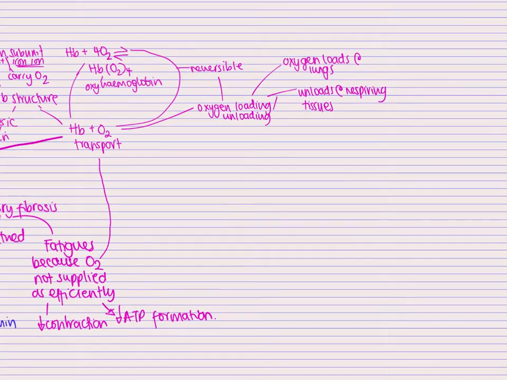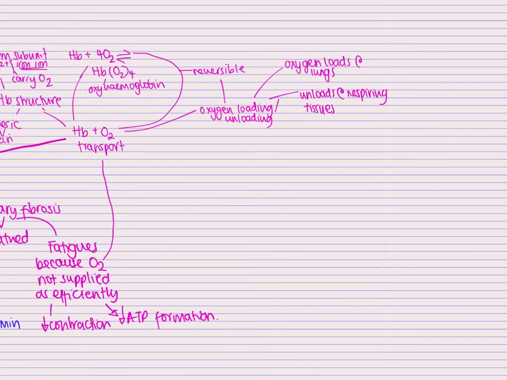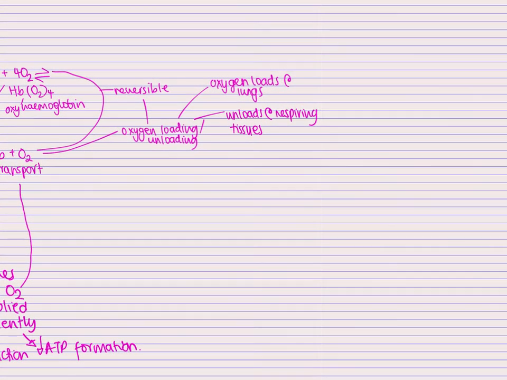Then we're going to have a look at how we can link affinity into that. At the lungs, hemoglobin has a high affinity for oxygen. This means oxygen, O2, binds to hemoglobin easily.